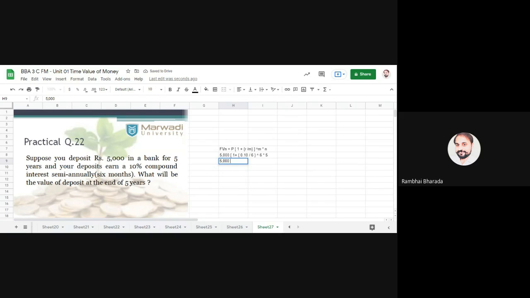First we work on the internal bracket. So 1 plus, in the internal bracket, 0.10 divided by 6. Can you tell me the answer? 0.10 divided by 6. (0.0167).